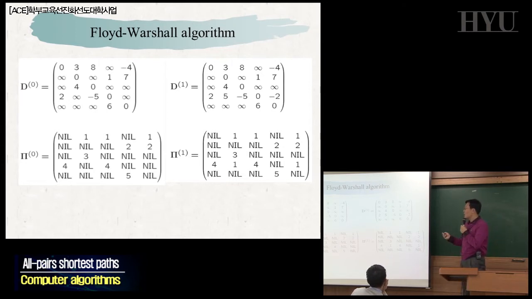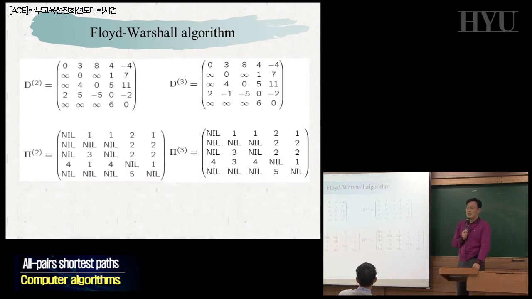And then D1 may have an intermediate vertex, and the vertex name is 1. So you can go from vertex i to vertex j through vertex 1. So one possibility is added. And D2, you can add vertex 2. So you may use vertex 1 and vertex 2 or any subset of them.